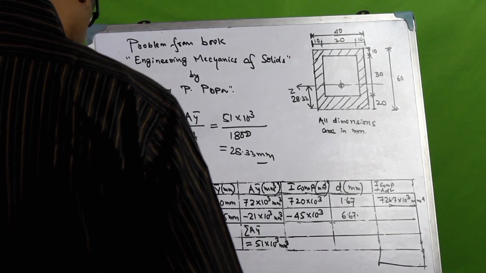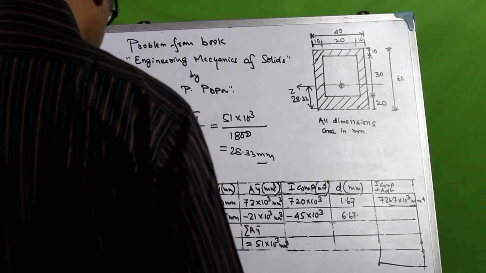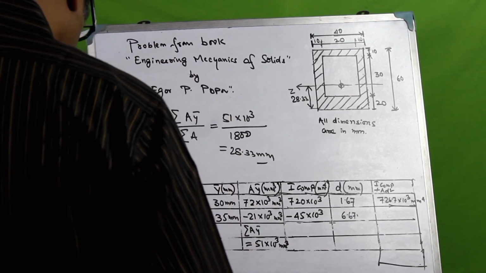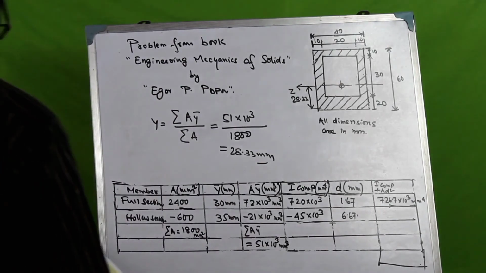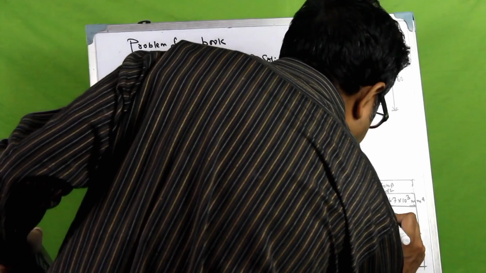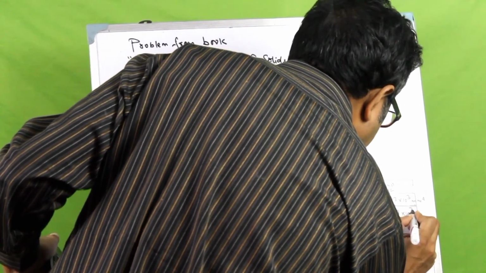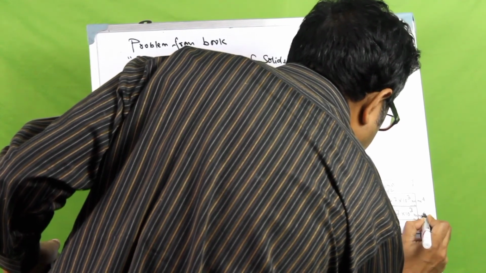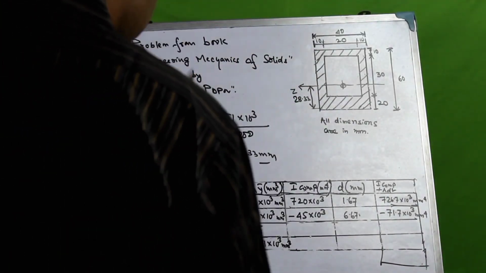So 6.67 whole square comes out as 71,693. If I divide that by 1000, it comes as 71.7. So it would be minus, since it's a hollow section, 71.7 into 10 cube millimeter 4.